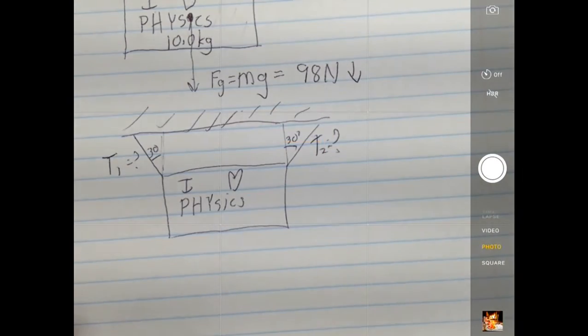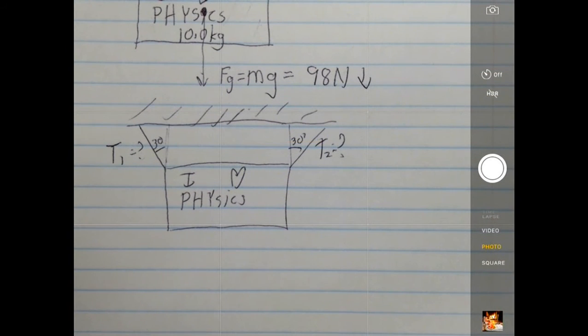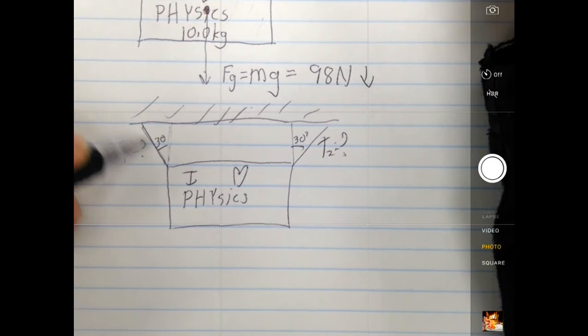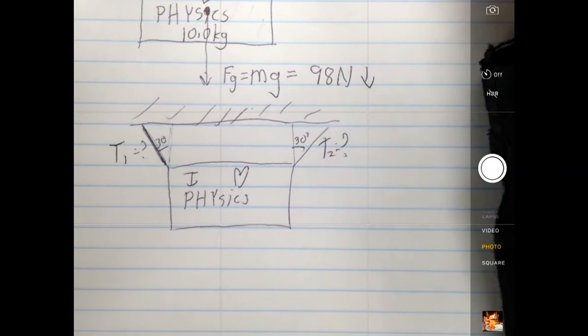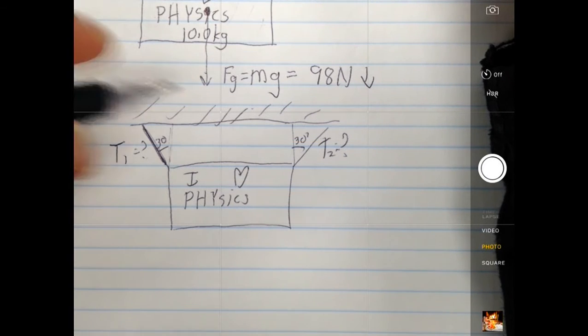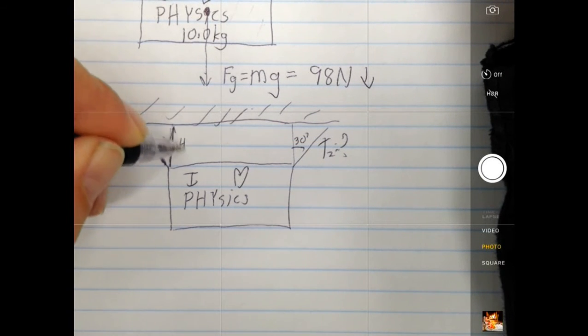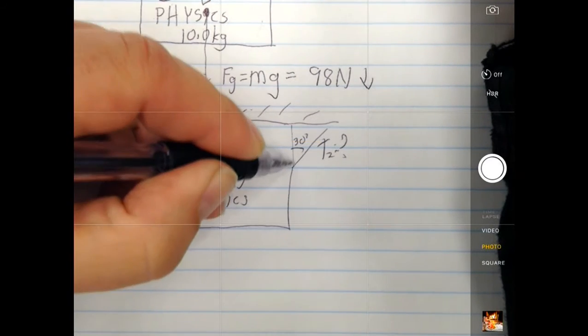It's still an equilibrium problem. The sum of all the forces has to add up to zero. The sum of all the torques has to add up to zero. Something I would use as part of problem solving here. What's going on is that the tension now has to have two components. The vertical component is still 49 newtons for each one of these.